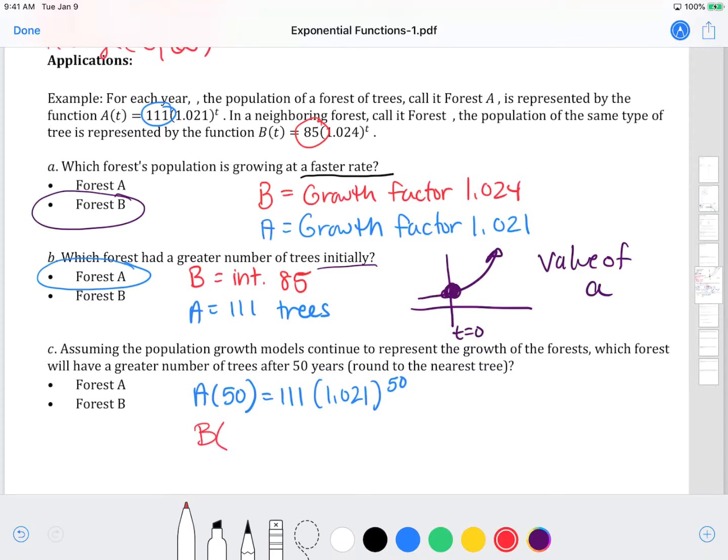Okay, so for forest B, I'm going to plug in 50, and I'm going to get 85 times 1.024 to the 50. I'm going to put those in on my calculator, and for forest A, I get 313.769, and it says in the problem to round to the nearest tree, so I'm going to round up to 314 trees.